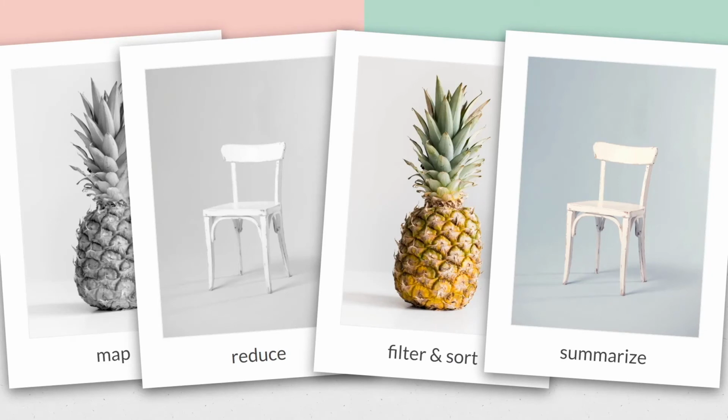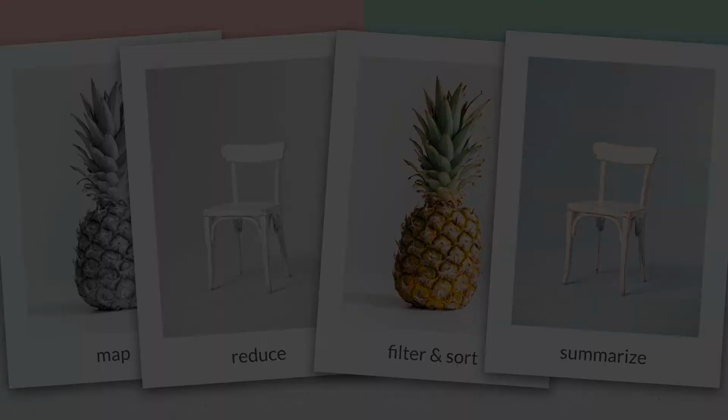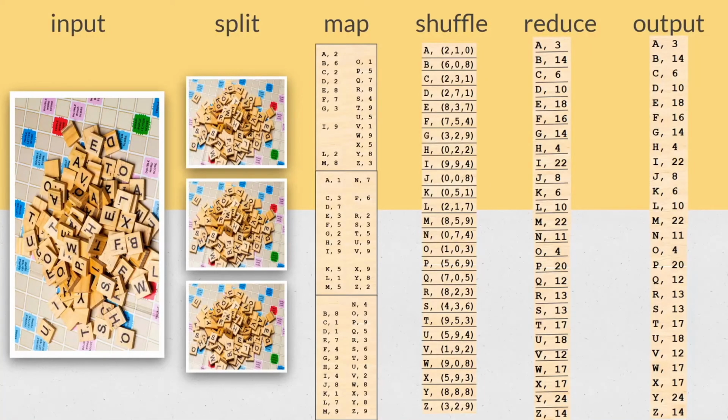If you can visualize a situation where we've got map and reduce that work together to filter and sort and summarize, that's what we're going to do with a distributed file system processing big data. If you can imagine a single pile of Scrabble tiles that is huge, we're going to split that single big pile into multiple chunks of data.